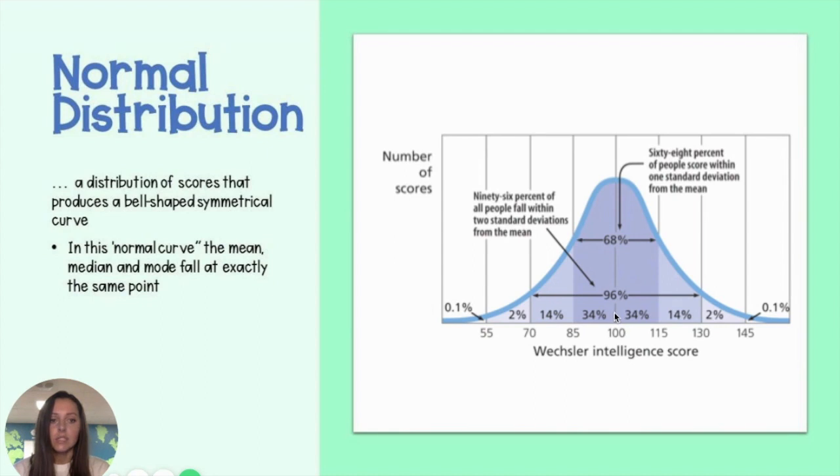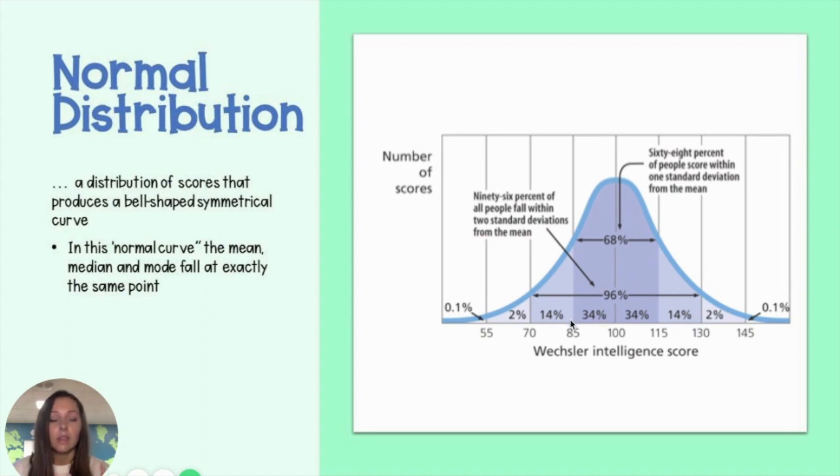So it's also saying that 34% of the data falls within one standard deviation below the mean. Together, this is where you get your 68% because you're adding 34 and 34. 68% of the data, or of the scores of this intelligence test, are going to fall within one standard deviation above and below the mean. I know this is super, super riveting stuff, but these percentages are something that you do need to memorize.